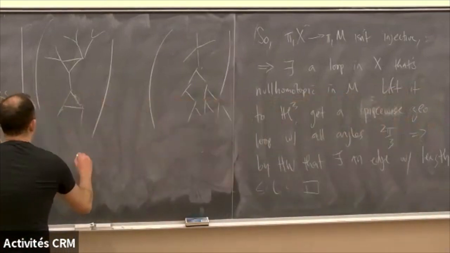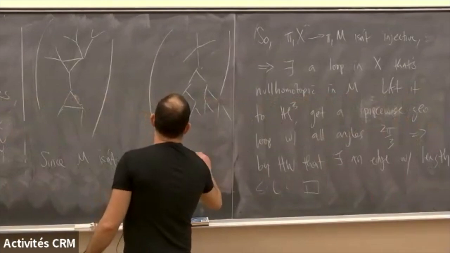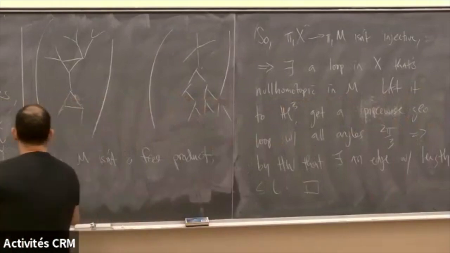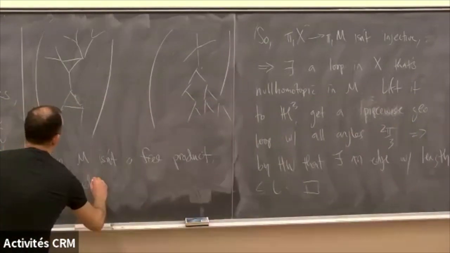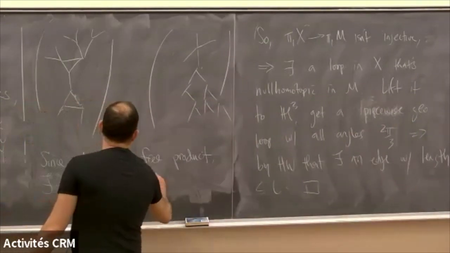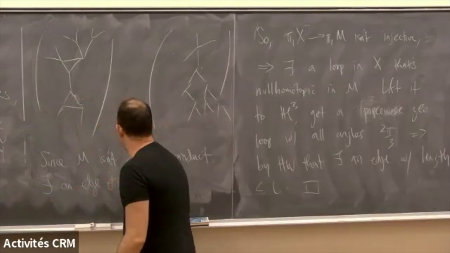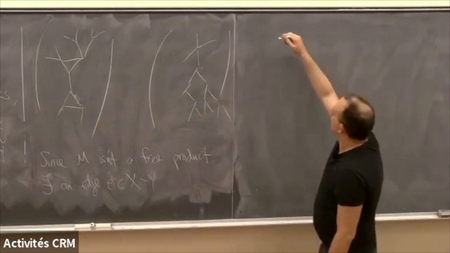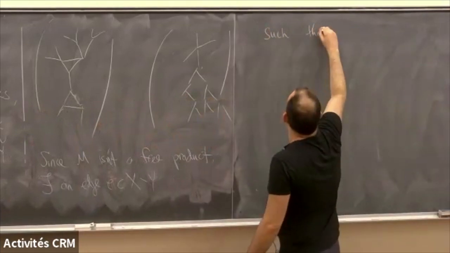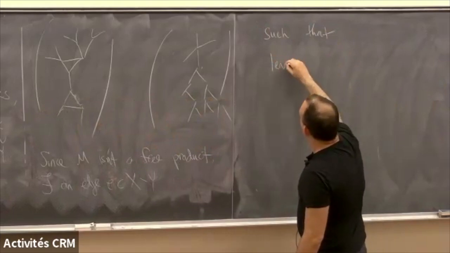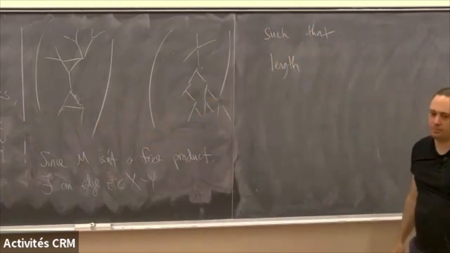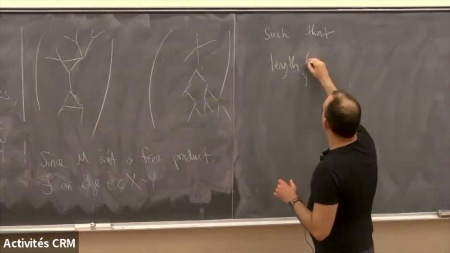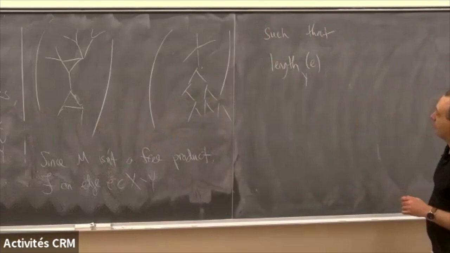Since M isn't a free product, you can use a similar argument to say that there exists an edge E outside Y, such that I can't say the length of E is bounded in the same way as before, but I can say that the length of E relative to Y is bounded.